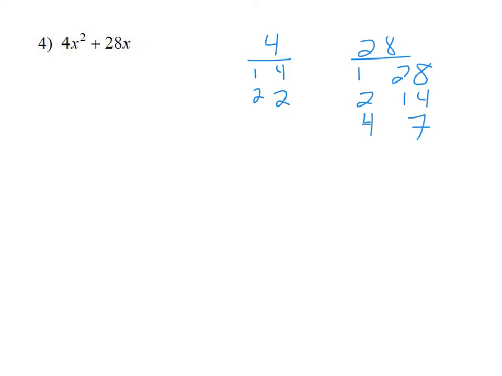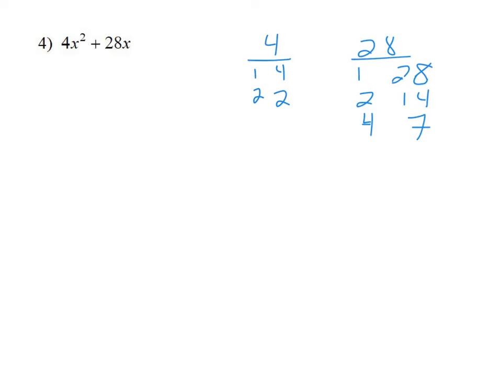Alright, our common factor. Let's look at 4. It's 1 and 4, and we have 2 and 2. 28. We have 1 and 28. 2 and 14. 3 doesn't work. 4 and 7.